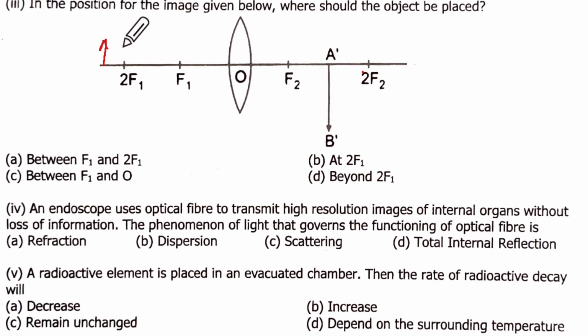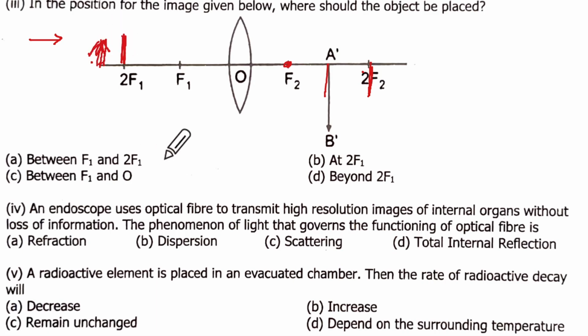Some of you will say we still don't understand. Remember, object at infinity, image will be here. Then when you bring closer the object, the image moves further. Understanding? Yes, ma'am. When it is at 2f, the image will be 2f, which means the image is not at 2f yet, it is before that. So the object is before 2f. Did you understand this? Yes, ma'am.